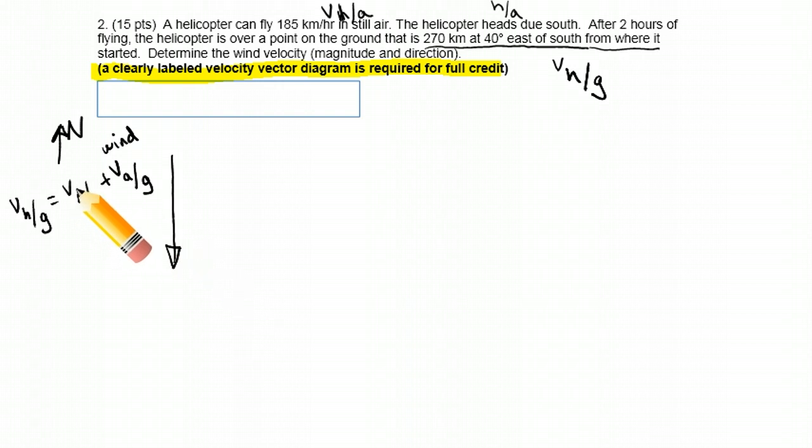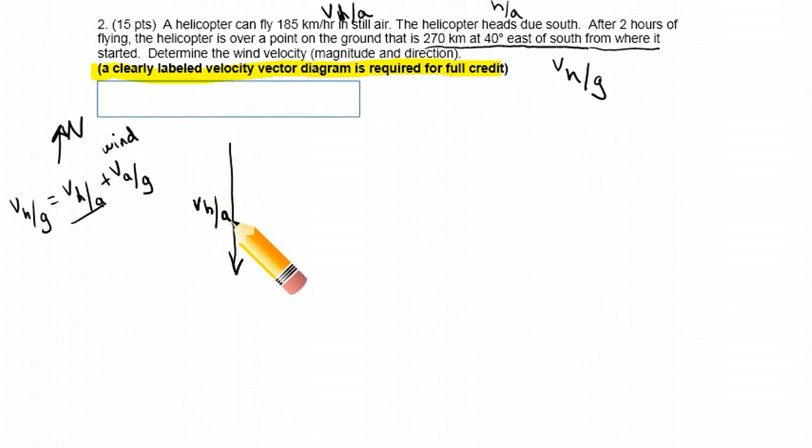Alright, so we're saying that if we add this vector, which we just drew right here, I'm going to redraw it, give myself a little more room. So this is the velocity of the helicopter with respect to air, due south and 185 kilometers per hour.